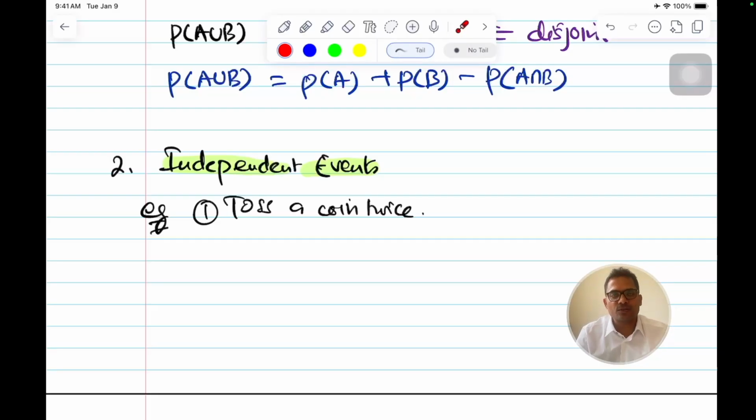Every toss is independent. So the first toss, that is event A, is independent of the second toss and vice versa. If I toss the same coin a second time, I don't know what will happen. So the first toss and the second toss are independent events. I hope that is clear.